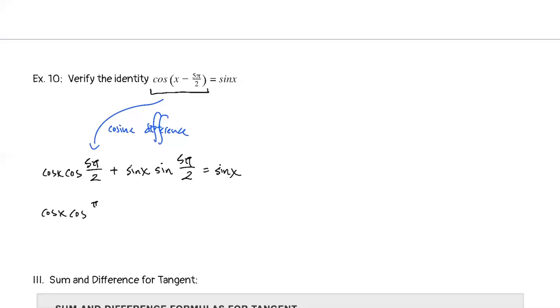Yeah, it's the same thing as saying look for the angle pi over 2. Okay? So this is just looking for your reference angle. Okay?